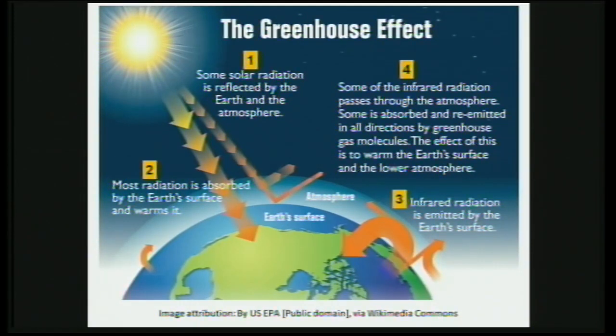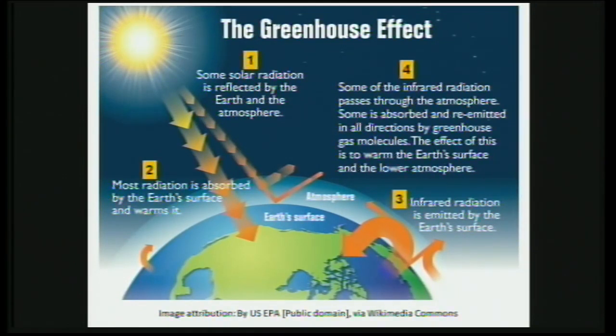Then what's happening in point number 4? Some of that infrared radiation passes through the atmosphere. Some is absorbed and re-emitted in all directions by the greenhouse gas molecules. So the infrared radiation that is released by the earth is released slowly. Some of it passes through the atmosphere and goes back out slowly.